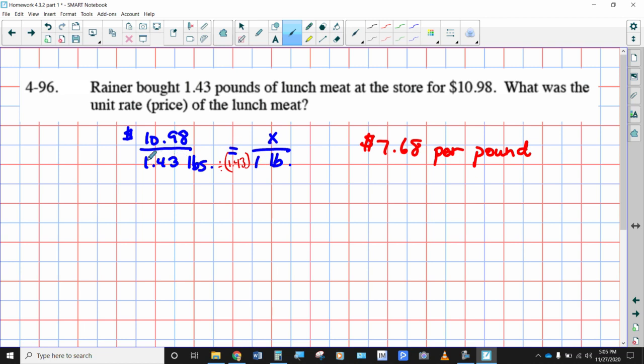And so the answer is you divide it by itself. Anytime you divide a number by itself, you always get 1 for an answer. So we have to create a giant 1 here. We have to divide the 10.98 by 1.43 as well. So after doing this kind of problem a few times, we start to realize anytime we're taking a unit rate, we're just taking these numbers and doing the division.